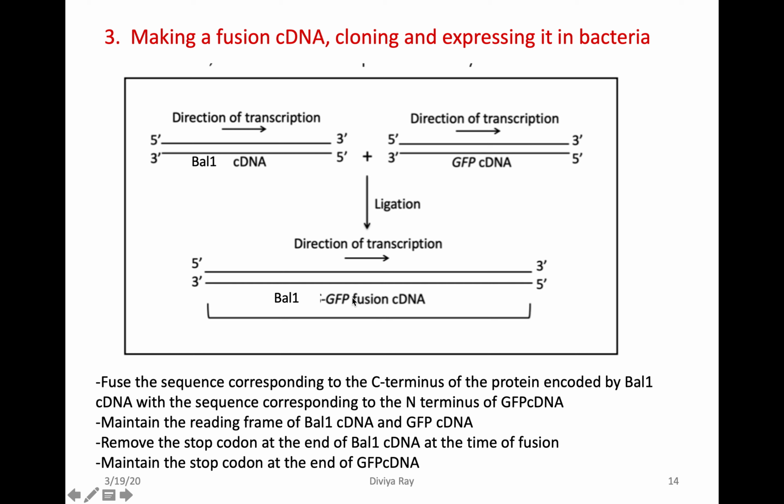Since she wants to make a BAL1-GFP fusion cDNA, which can be expressed to make a BAL1-GFP fusion protein, she absolutely needs to delete the stop codon over here. Otherwise, the GFP will not be expressed. But she wants to maintain the stop codon of the GFP. So these are the precautions that she needs to take.